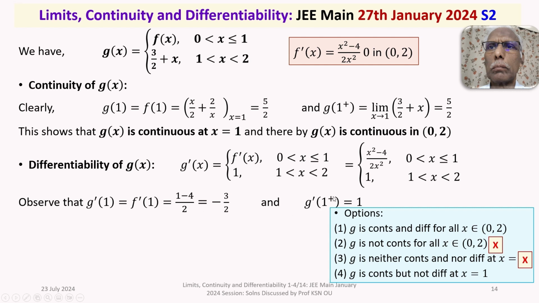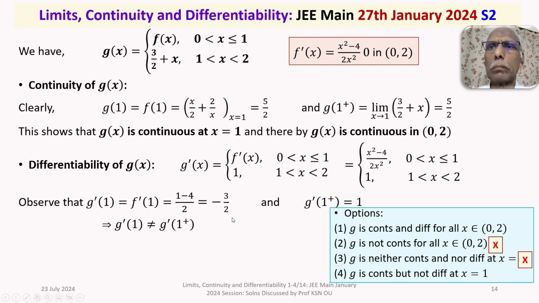And g prime of 1 plus, as x tends to 1 from the right, the value is 1. The g prime of 1 plus is 1. They are not equal. g prime of 1 minus, which is minus 3 by 2, is not equal to 1. Therefore, they are not equal.